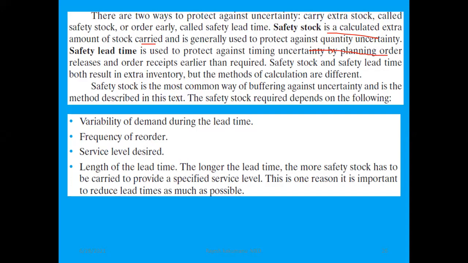The safety stock required depends on the following. What are the points to be discussed? The first point is variability of demand during the lead time.